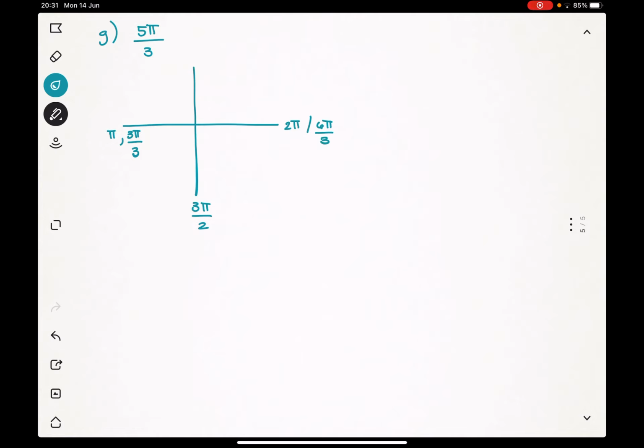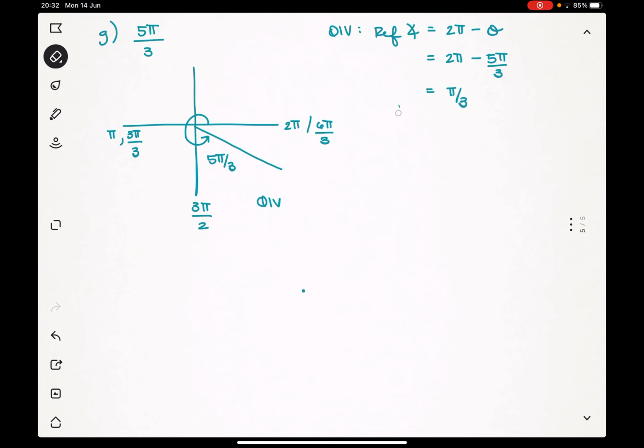So 5 pi over 3 should be over here. So now if I'm in quadrant 4, my reference angle is going to be 2 pi minus the angle. So 2 pi minus 5 pi over 3. This gives me a reference angle of pi over 3.